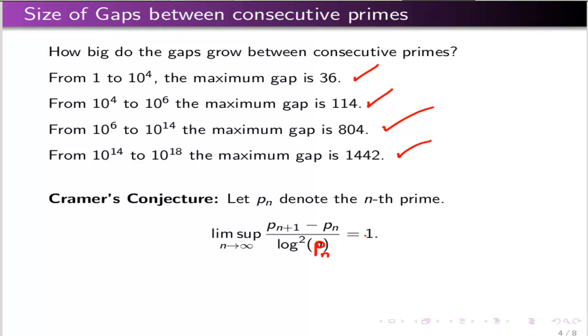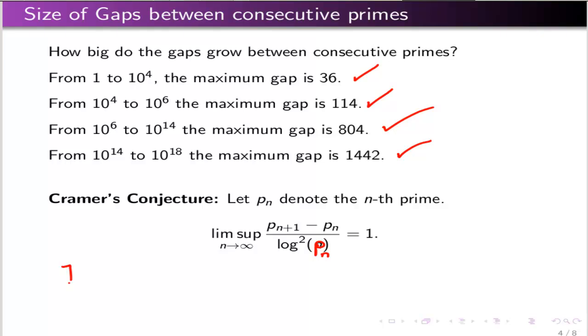So what does that mean? That means the supremum of this fraction for all large values of n is less than or equal to 1.